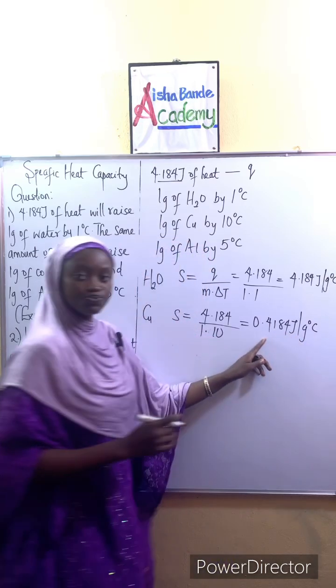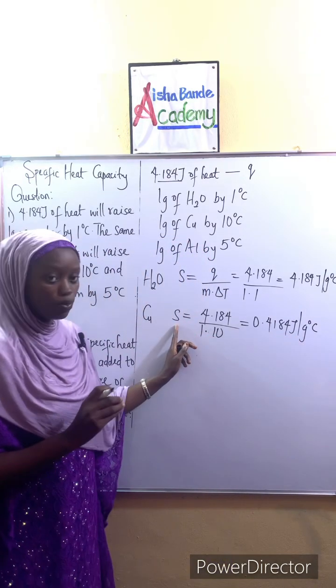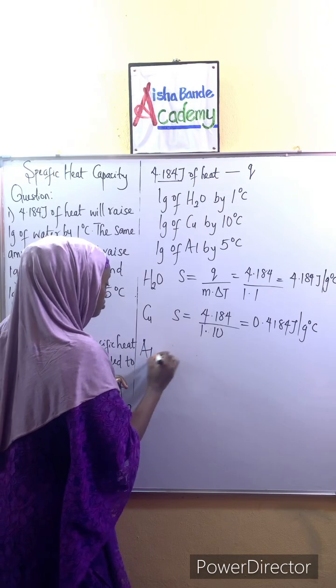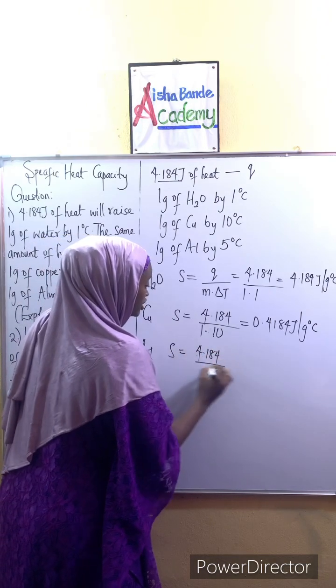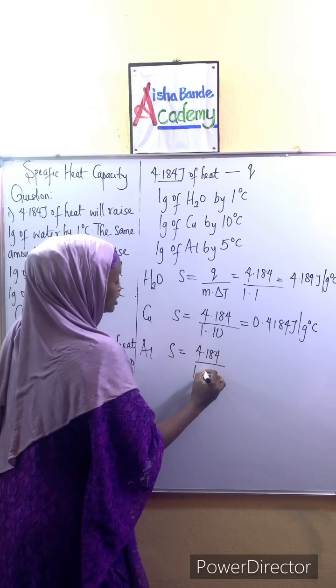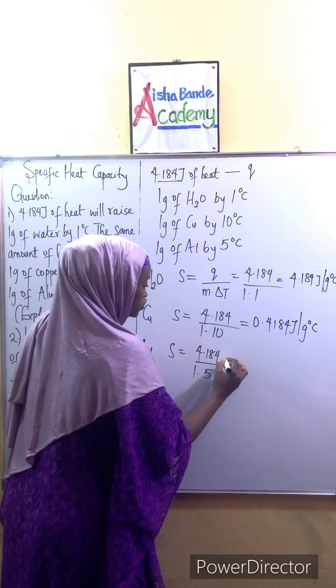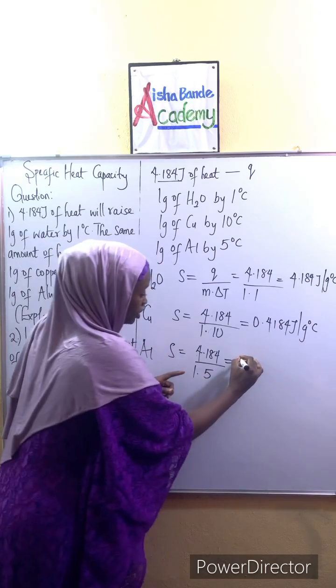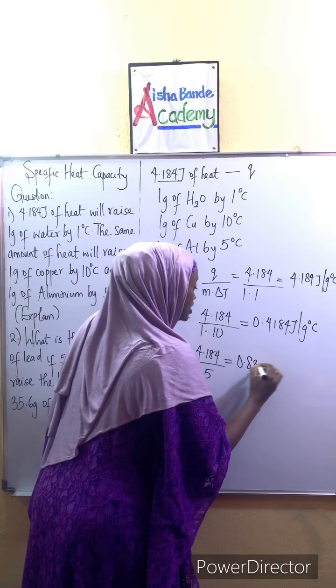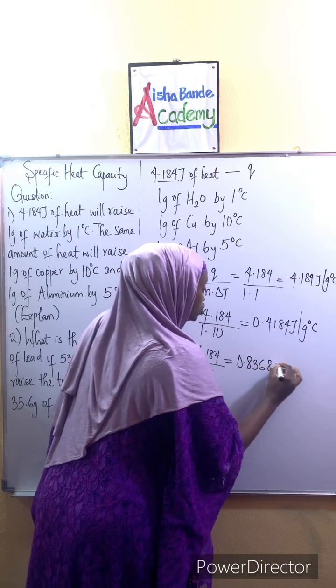This is the specific heat capacity for copper. For aluminium, the specific heat capacity is 4.184 divided by the mass, which is 1, times the temperature change, which is 5. So we have 1 times 5, and this gives us a value of 0.8368 joules per gram per degree Celsius.